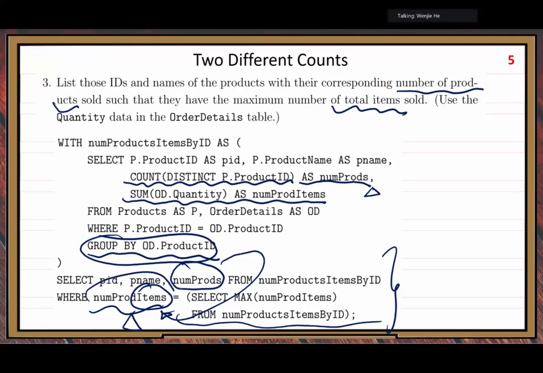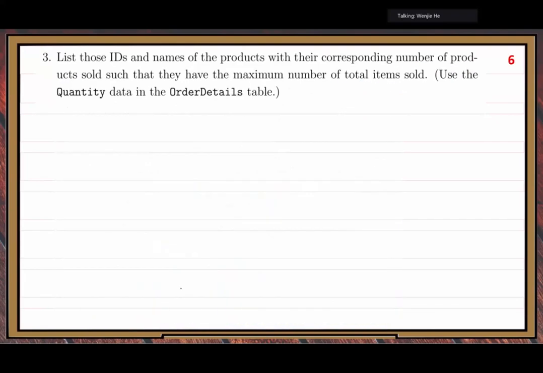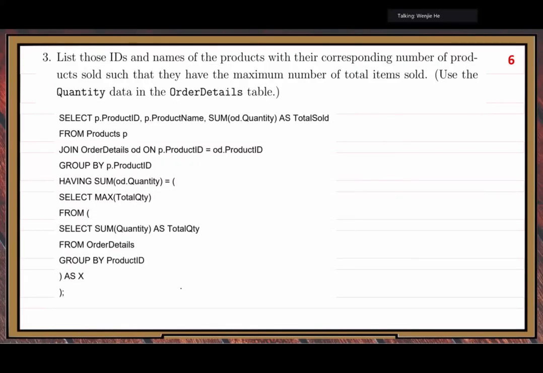But I saw quite some students with the same number. So when you read the question, be careful. You need to calculate two different objects. Now I want to show you another solution.